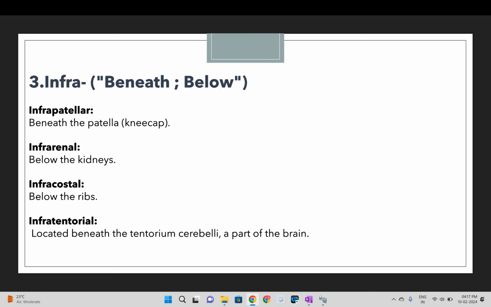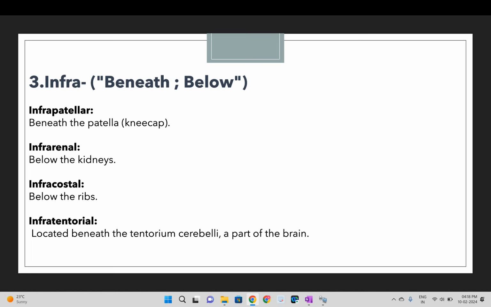After that we have infratentorial, which is located beneath the tentorium cerebelli, a part of the brain. So whenever we want to showcase or locate something beneath the tentorium, in that case we will use the terminology infratentorial.